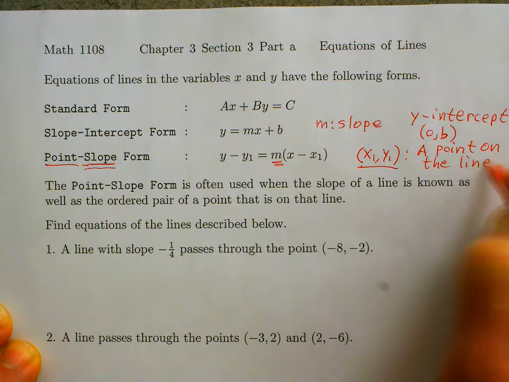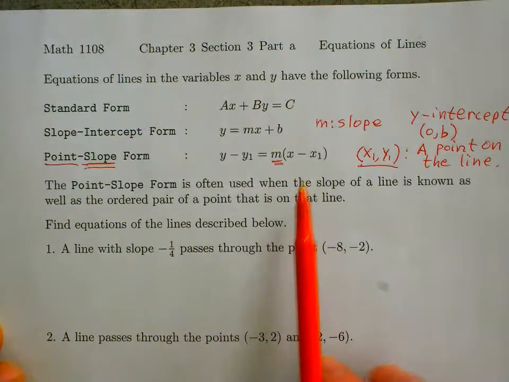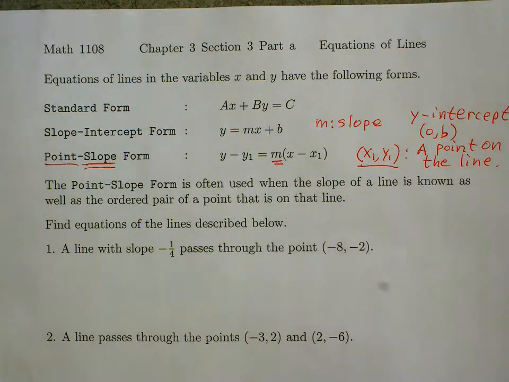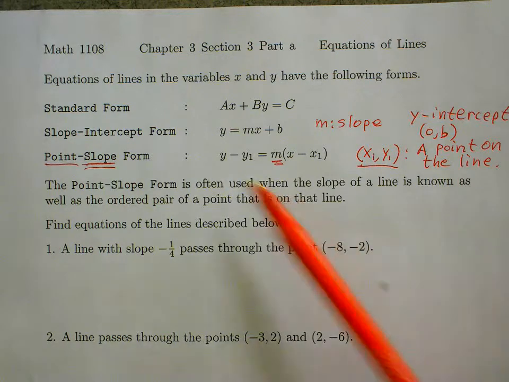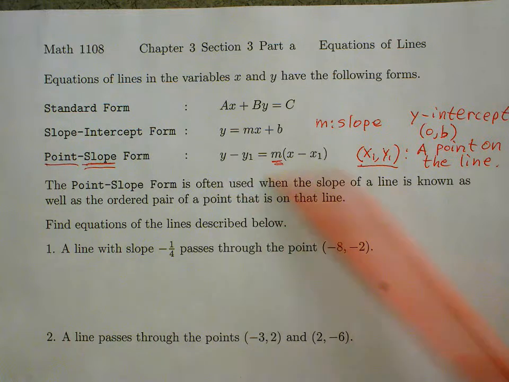So the way that you would use this point-slope form, if you know what the slope of a line is, and if you know the ordered pair of one point on the line, then you can find the equation by using this formula. We'll see how that works in some examples.